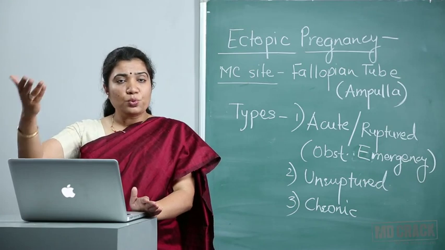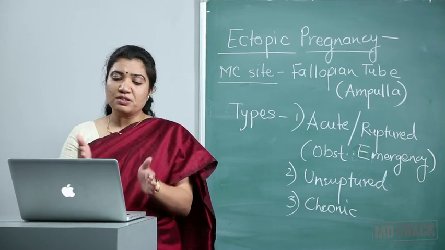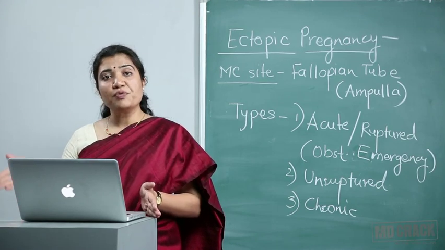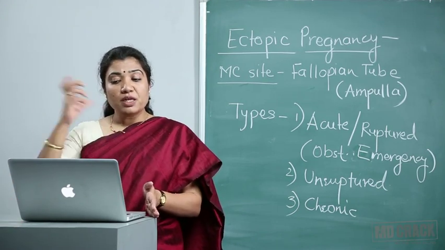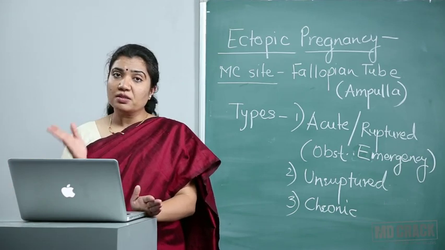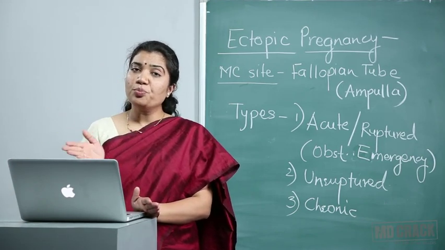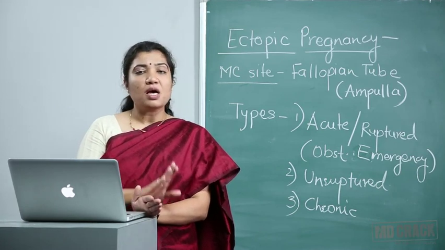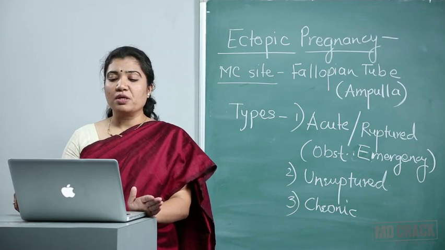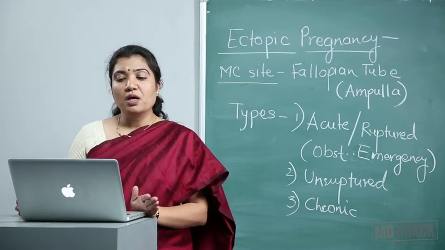And if you look at the doubling time, if today I have done beta-HCG and I repeat the levels after 48 hours, there will not be doubling. Doubling time in plasma will fail. The rise in beta-HCG would be less than 66%. Ideally, it should double in 48 hours if the pregnancy is growing in the uterine cavity, but it will not happen.